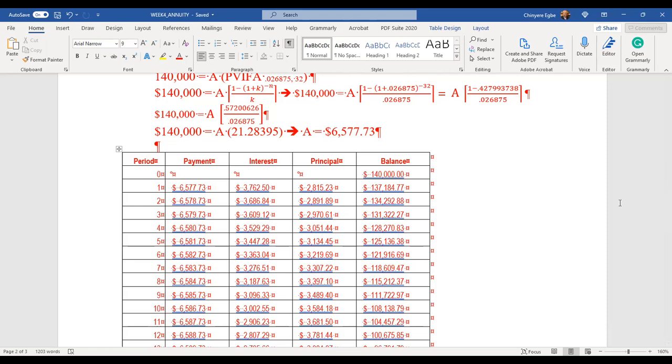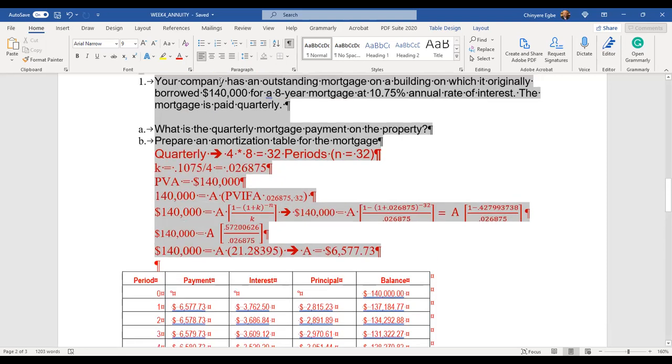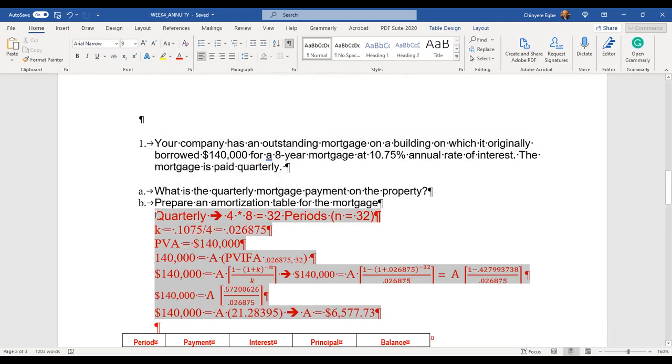I want to see that solution up there on how you were able to obtain the periodic amount. But you can also use the Excel formula. You can use the routine in Excel to get the amount, as long as I see what you're doing. Then you plug in the amount into here. You don't have to go through this process of solving an equation.